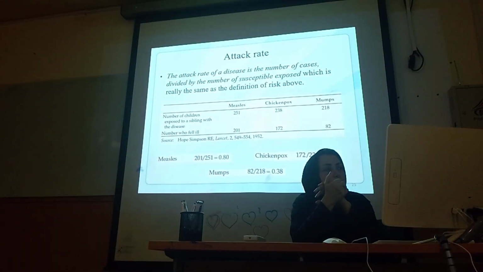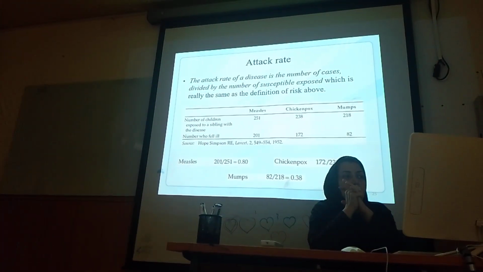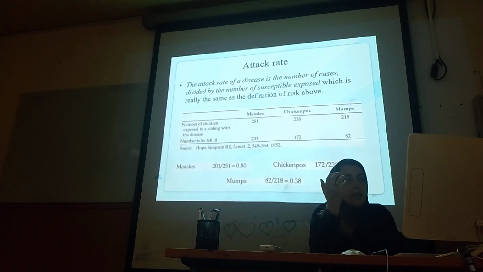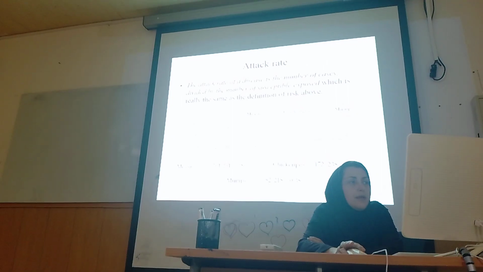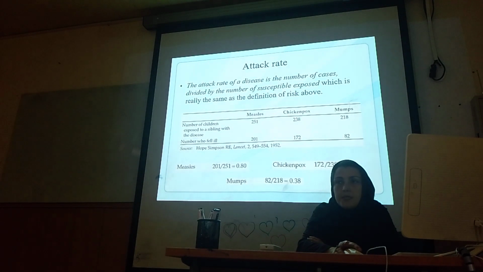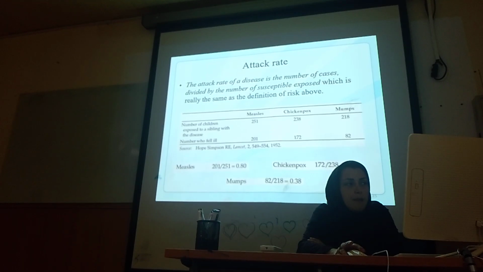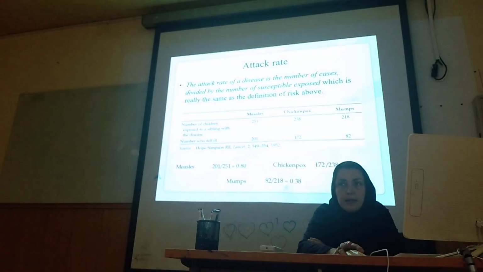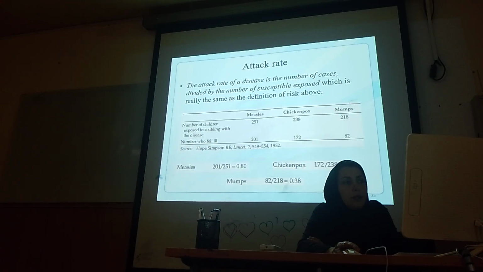The number of cases divided by the number of susceptible exposed is really the same as the definition of risk. Please see this table. Number of children exposed to a sibling with the disease for measles, for chickenpox, and for mumps. Number who fell ill: 201, 172, and 82.